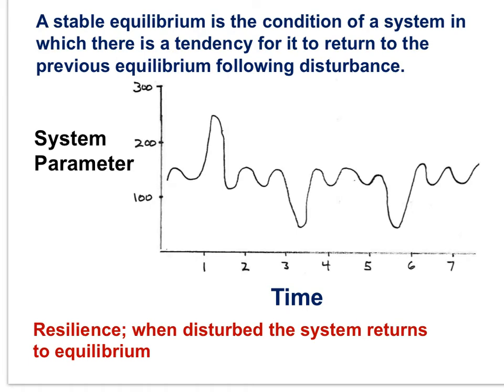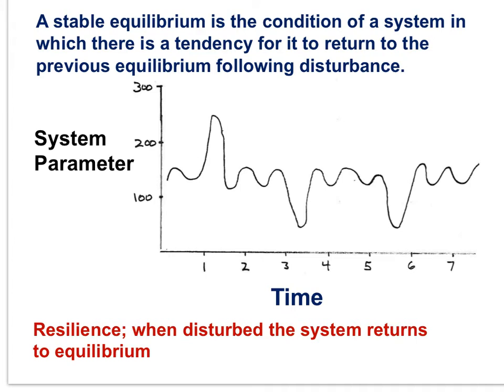Here is another stable successional stage, but let's call this one an early successional system, a grassland by way of example. In this case, the system is strongly disturbed here and here and here, but nevertheless the system displays resilience by avoiding a tipping point in which it might be moved to a new equilibrium.